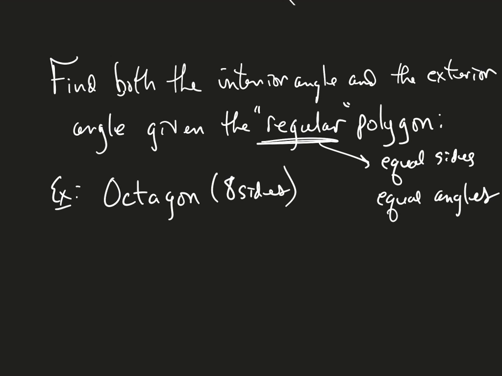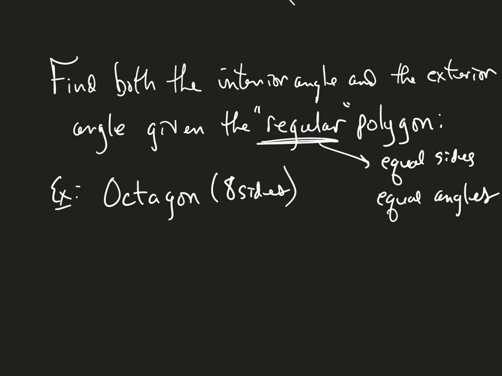Or I could have used the fancier words equilateral and equiangular. All right, everything's equal. Everything is equal. Now what this does for us is it allows us to find all of the interior angles because they're all the same. And because all of the interior angles are equal, all of the exterior angles are equal.